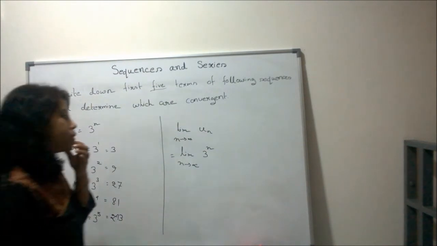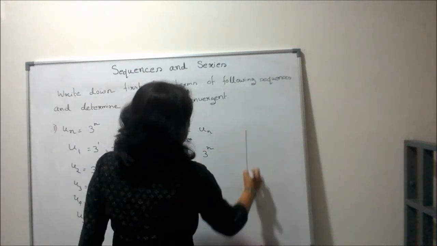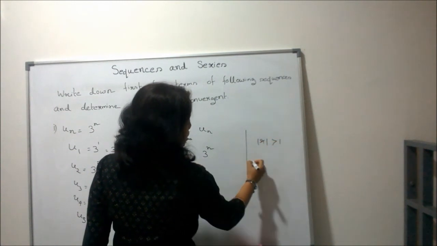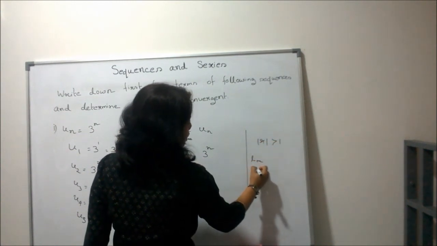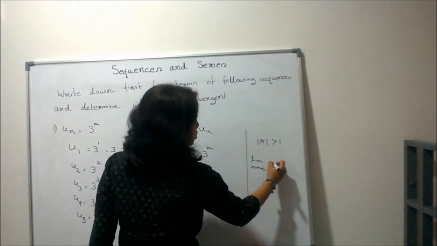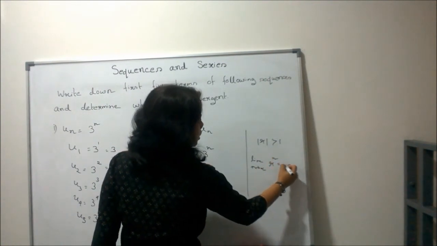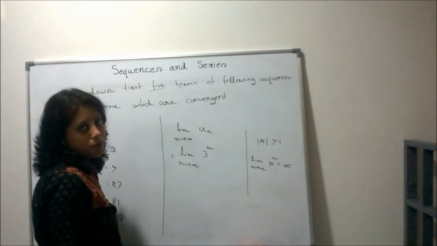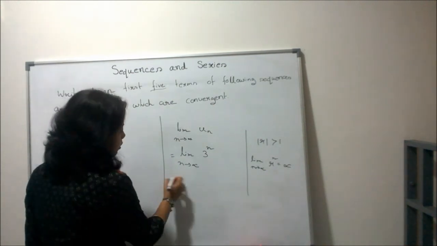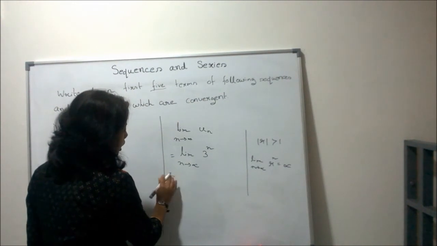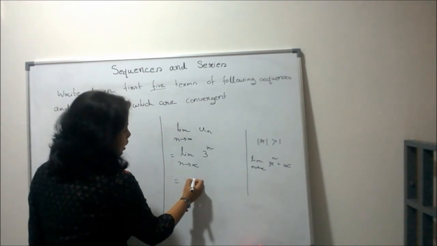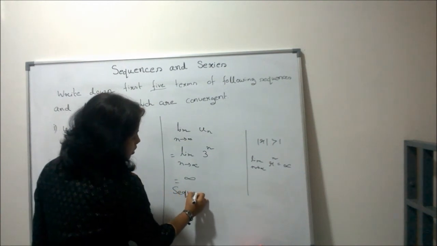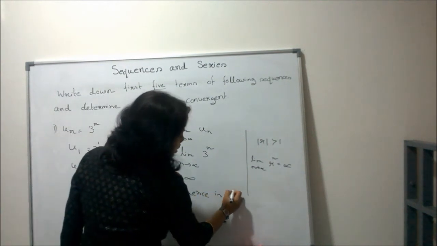We know that if the numerical value of r is greater than 1, then limit n tends to infinity r to the power n is infinity. What does it mean? This is not convergent. This is a divergent sequence. So here it is infinity. So the sequence is divergent.